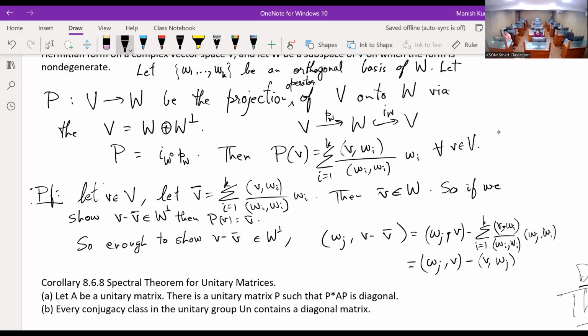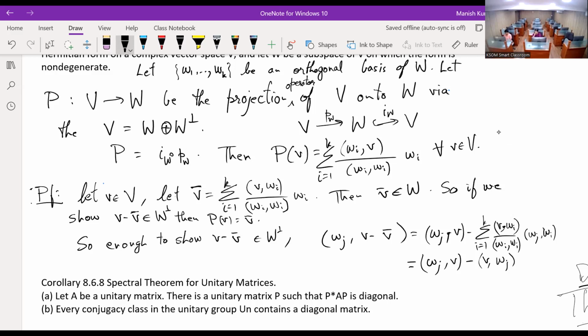For a symmetric form this is zero, but for a Hermitian form this is not zero. So maybe I have the formula wrong. Probably it's wi comma v, so the conjugate comes up if I write it this way. Let's just change the order: wi comma v.